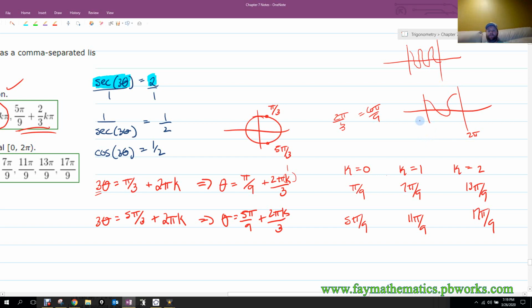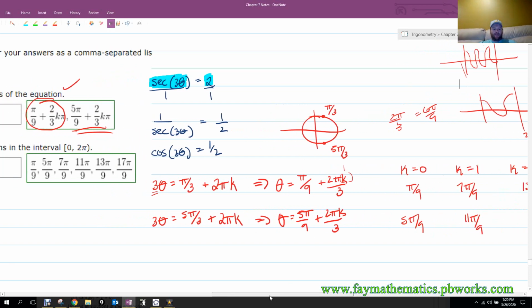Ultimately it gives me these 6 solutions instead of just these 2.